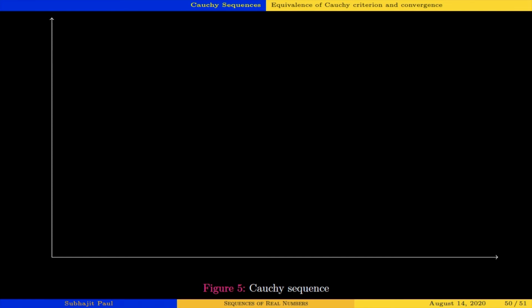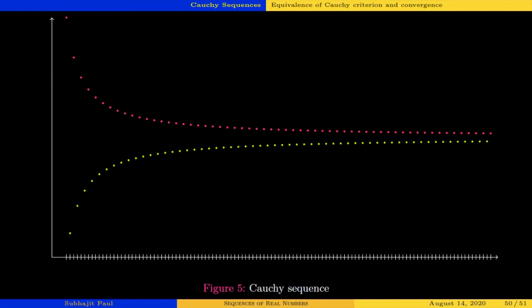Okay, so this is my axis. This is my sequence. There is no animation for the sequence here. This is one part of the sequence, this is another part of the sequence. This is a subsequence.